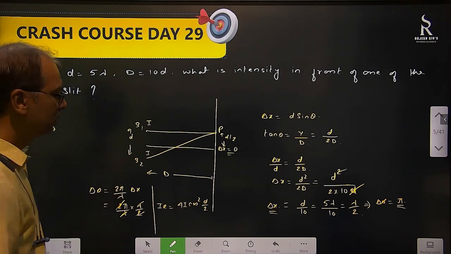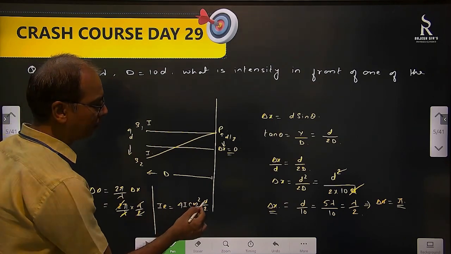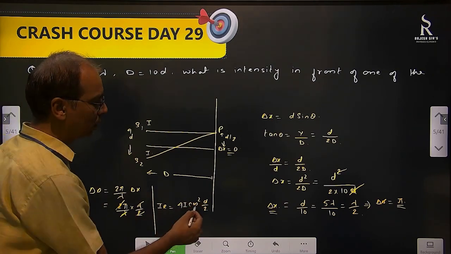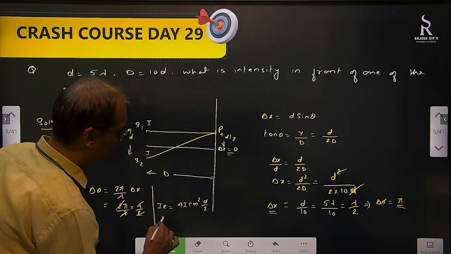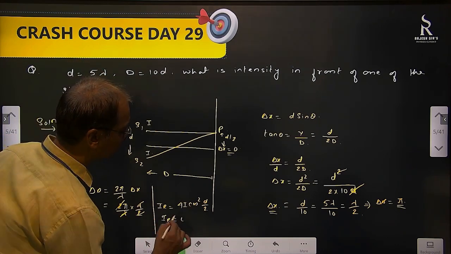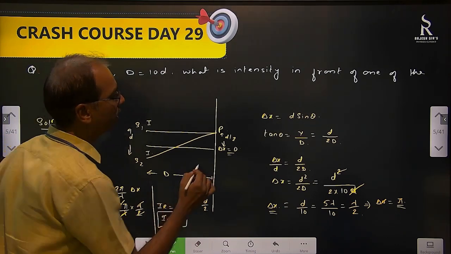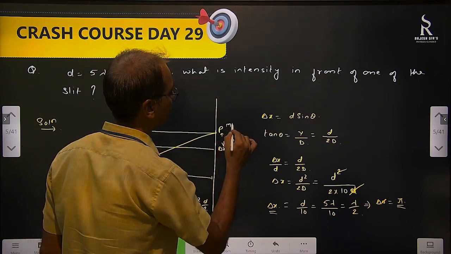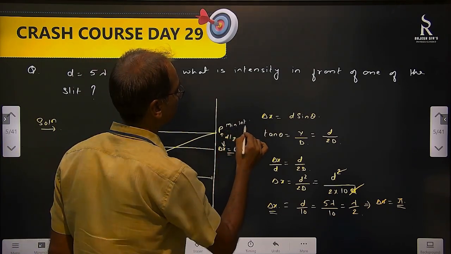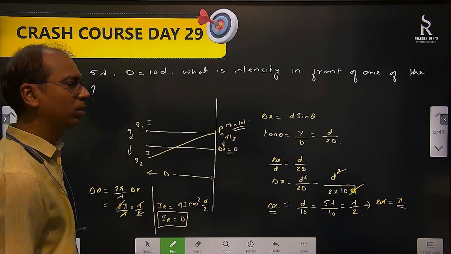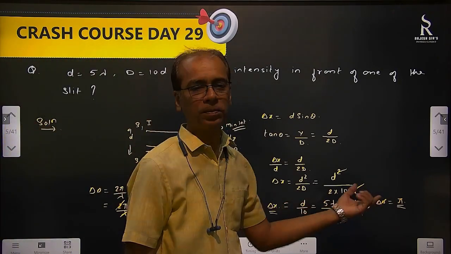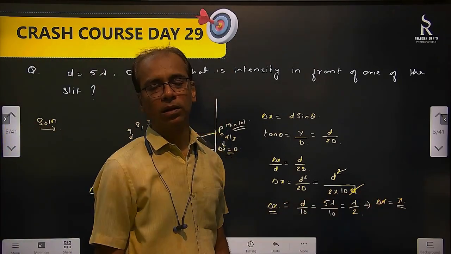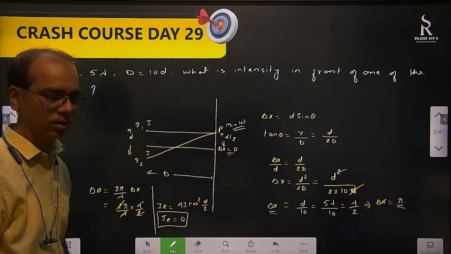Minimum, 0, because pi by 2 means 90 degrees, and cos 90 is 0. So the resultant intensity is 0. That means at this point we have minimum intensity. Anyhow, we are getting delta phi as pi, which is the condition of destructive interference.